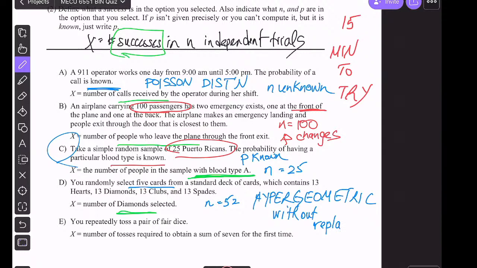It means that you don't put the card back. So you pick one and you don't put the card back. You pick another, you don't put the card back. You pick a hand of 5 cards.